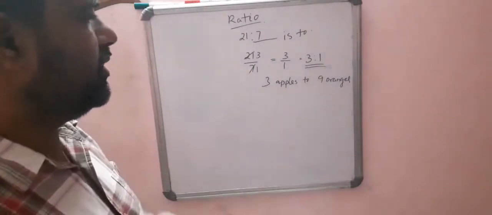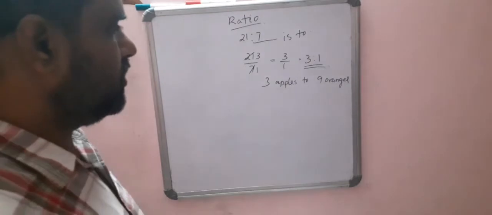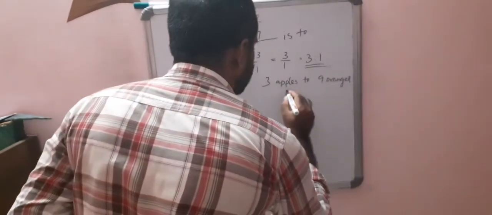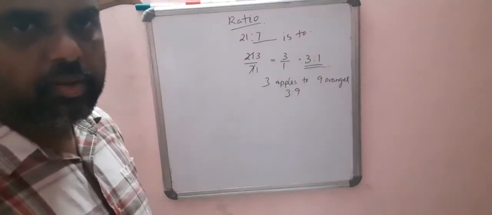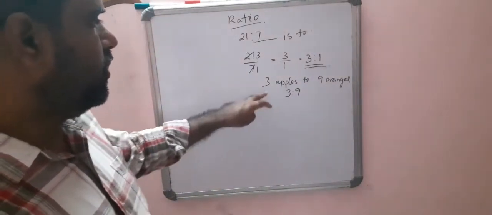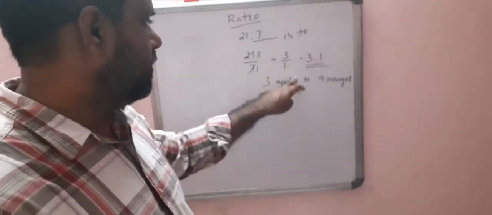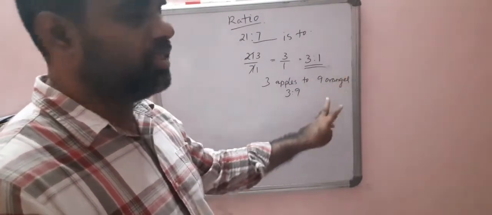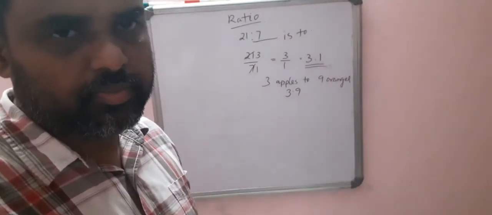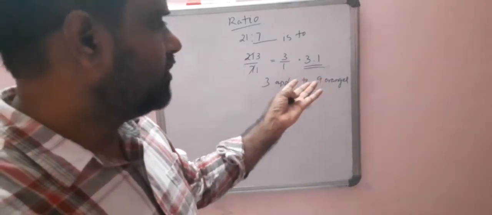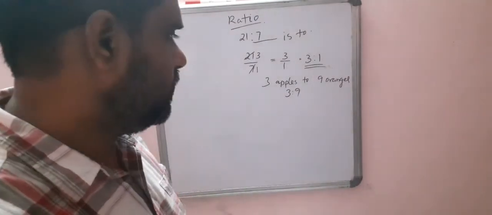How will you find the ratio for this? 3 apples to 9 oranges, which is 3 is to 9. Okay, this is 3 is to 9. So you compare one type to another of the same type. Both are fruits, which may need comparison sometimes.